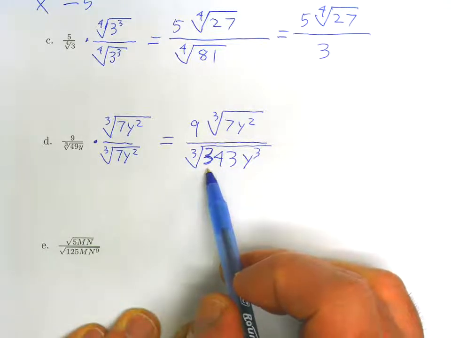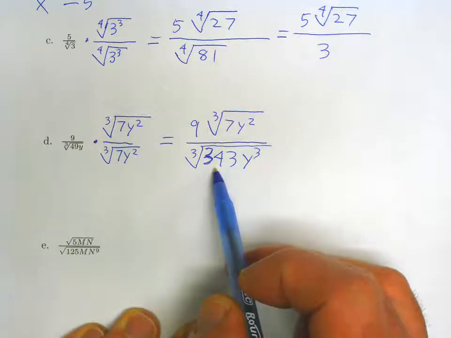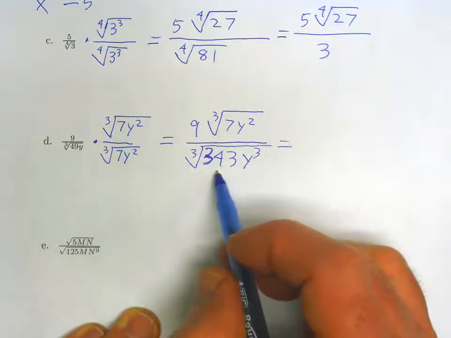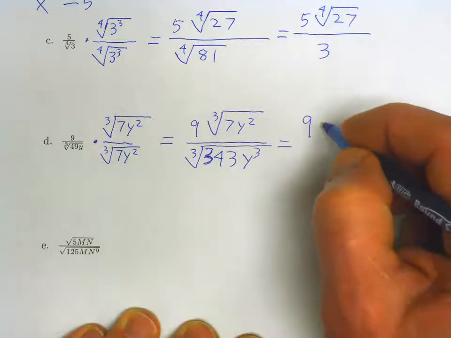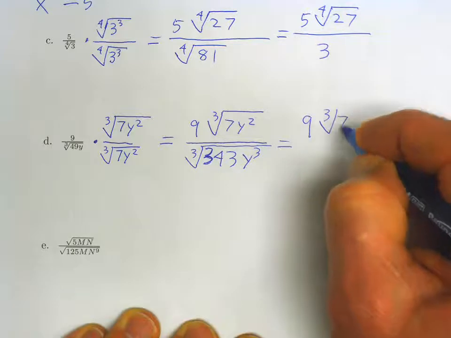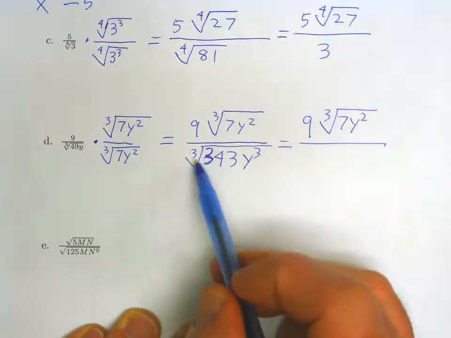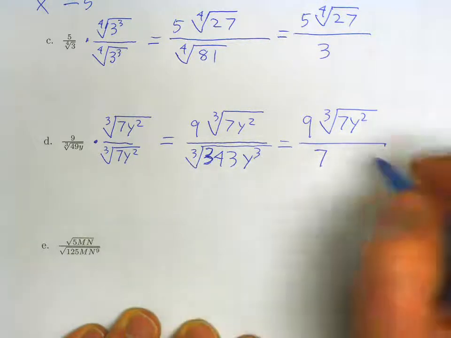It's okay if you write it as 7 to the third instead of 343, but this is one of those numbers you should know is a perfect cube. Okay, so the next step is the simplified answer, 9 times the cubed root of 7y to the second. And in the denominator, the cubed root of 343 is 7, and the cubed root of y to the third is y.